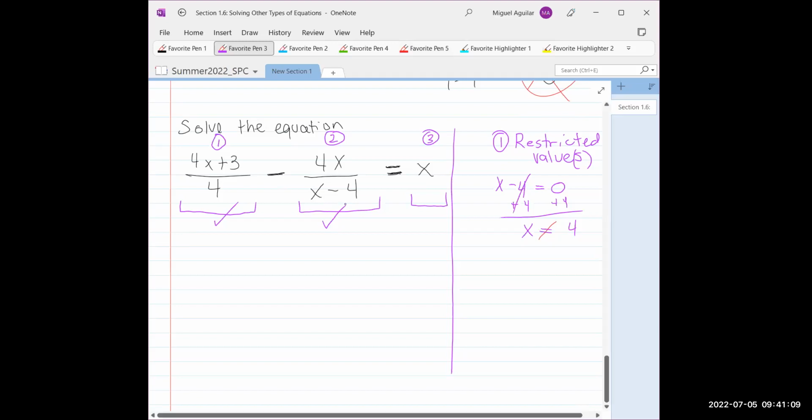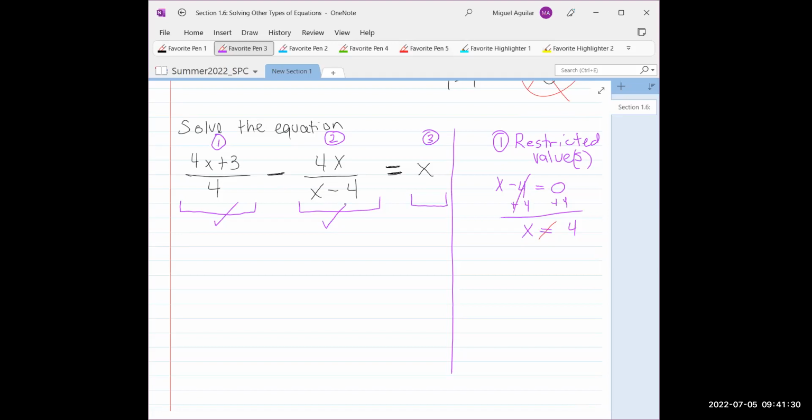The third term, on the other side of the equal sign, we just have x. Does that have a denominator? No, it doesn't. I know you could throw it over 1, and that would be the same thing, but even then the denominator of 1 wouldn't make a difference here.